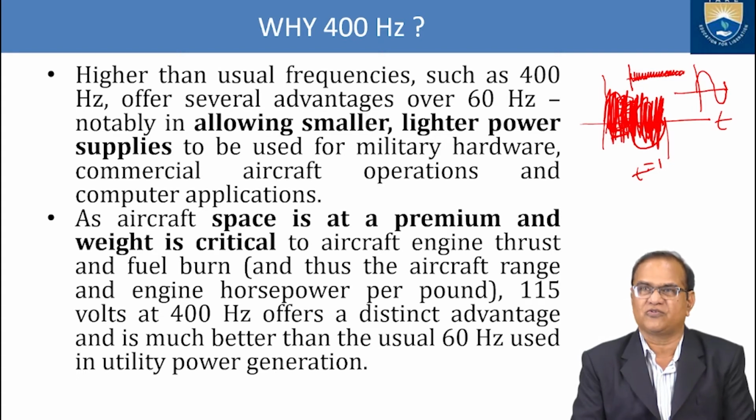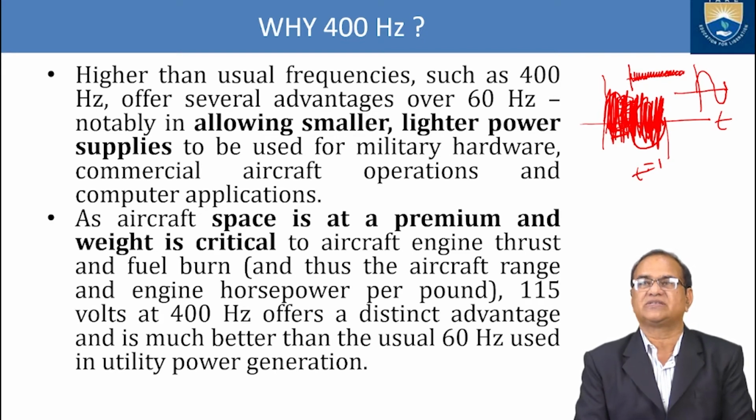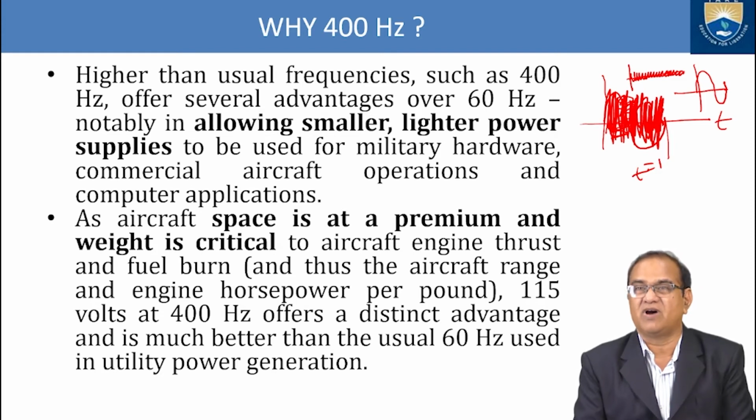Higher than usual frequencies, such as 400 hertz, offer several advantages over 60 hertz, notably in allowing a smaller, lighter power supply to be used for military hardware, commercial aircraft operation, and computer applications. So what is the first advantage? It allows smaller components and a lighter power supply.